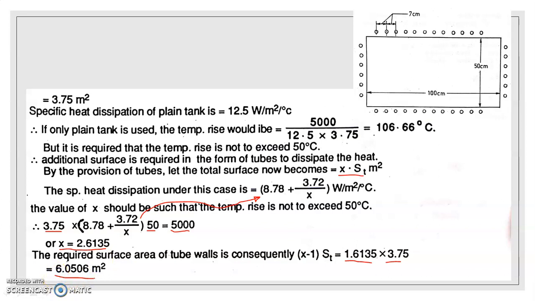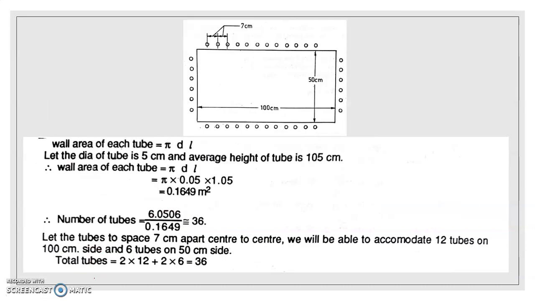By this we have to calculate the number of cooling tubes. Now we know the total area of the cooling tubes, we have to calculate the number of cooling tubes. How is it calculated? It is very simple.